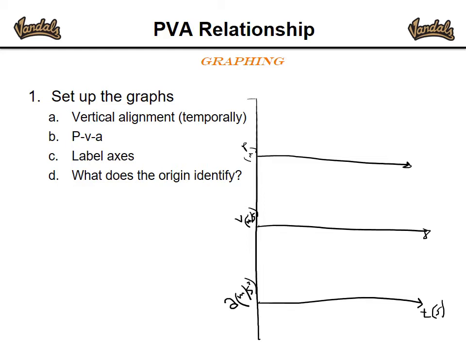So when I ask you to label your axes and set it up, this is how you're going to set it up. So remember, the most important thing with this is everything is temporally aligned, and you'll see that come into play here in a second. What I mean by the origin, what does 0 here in the position mean? And what does it mean to go into the negative versus the positive of position?